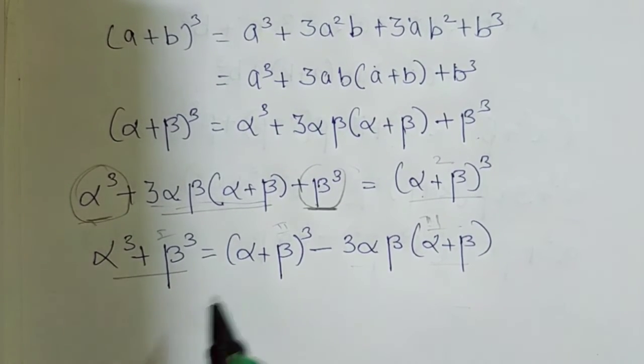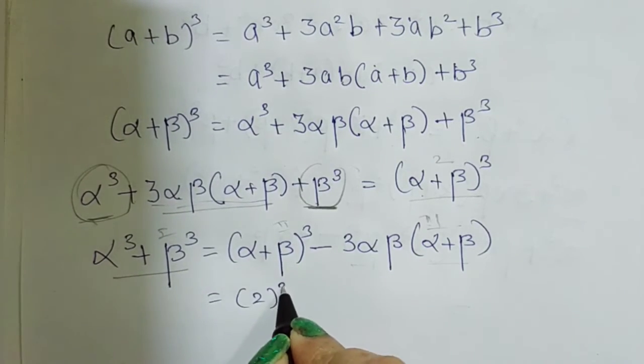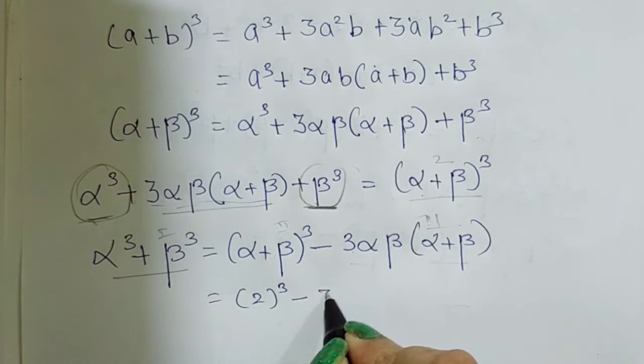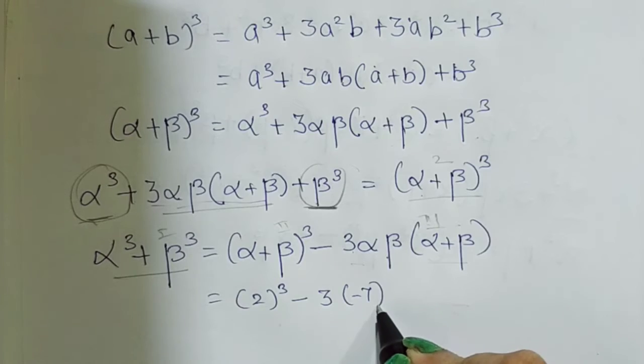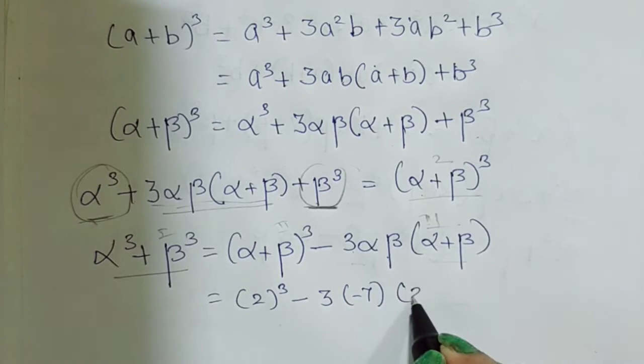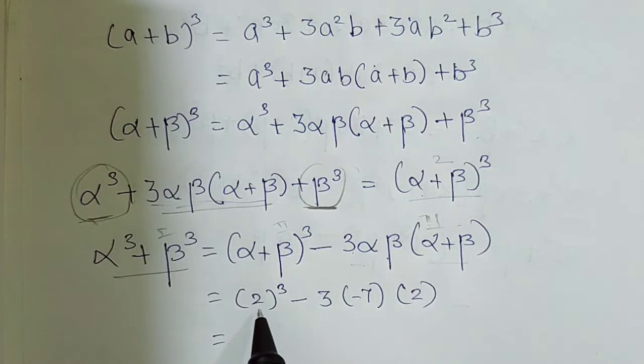Now after this we have to include the value of alpha plus beta cube, that is 2 cube minus again 3 alpha beta, and alpha beta is what, minus 7 we got. Alpha plus beta we have 2. Now here cube of 2 is 8.